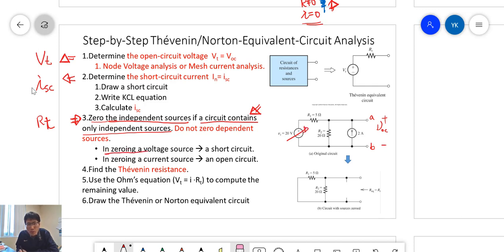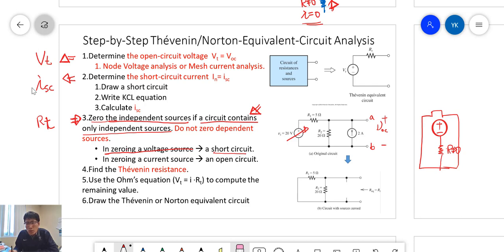So in zeroing a voltage source, that is a short circuit. So now remove the voltage and they become independent sources. One of the reasons is that the voltage source, I already brought the example. So here the voltage source has positive and negative, and the resistance inside is almost zero, which means they go to zero.